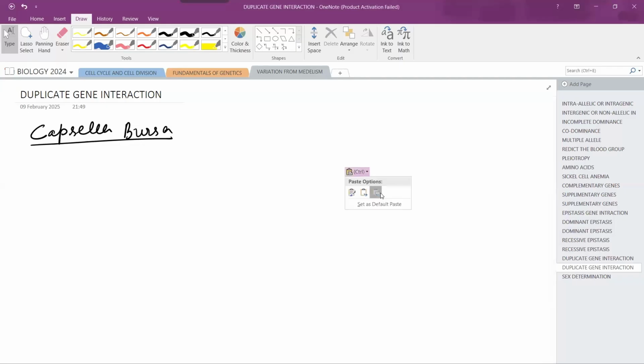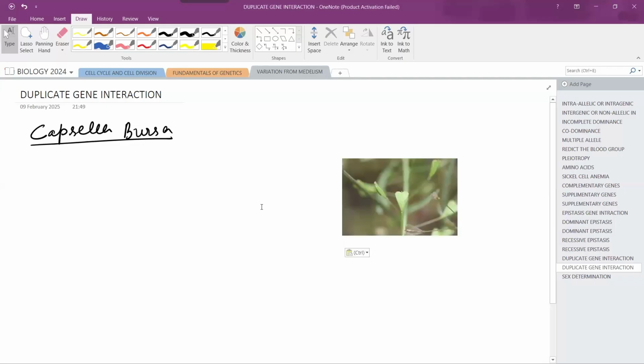We will study the fruit shape of Capsella bursa.